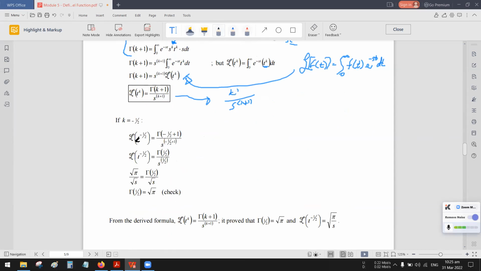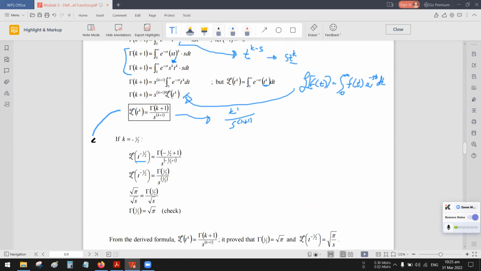So substitute na natin, no? So that is the value of the Laplace transform of t raised to -1/2 with the use of this equation. Okay, if k is -1/2, so substitute mo lang, t raised to -1/2 is equal to gamma function of negative 1/2 plus 1 over s raised to negative 1/2 plus 1 dito.